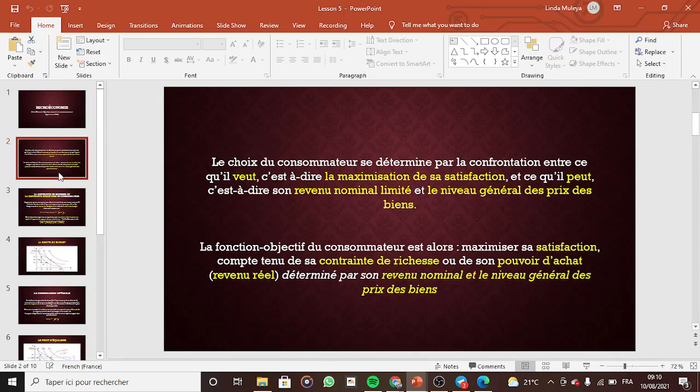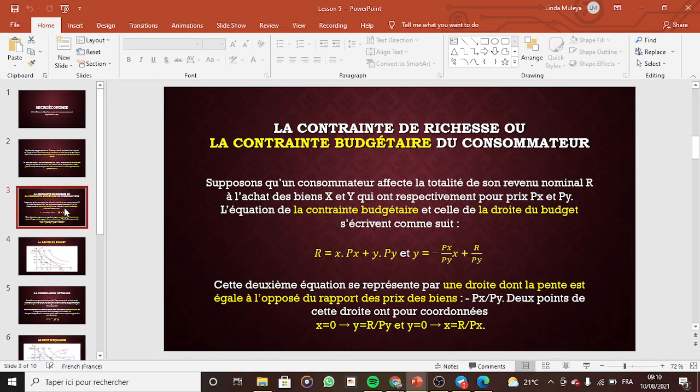But then we made sure to look at the fact that the consumer always has to consider their budget, the amount of money they can spend to have the goods that they want. So whatever good they choose to buy has to be within their budget. That's what we call the budgetary constraint.